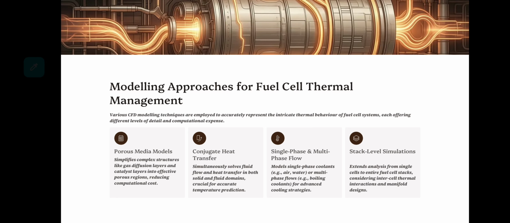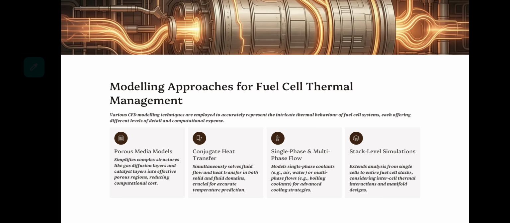Modeling approaches for fuel cell thermal management. Various CFD modeling techniques are employed to accurately represent the intricate thermal behavior of fuel cell systems, each offering different levels of detail and computational expense. Porous media models simplify complex structures like gas diffusion layers and catalyst layers into effective porous regions, reducing computational costs.